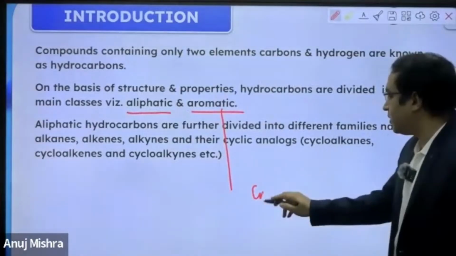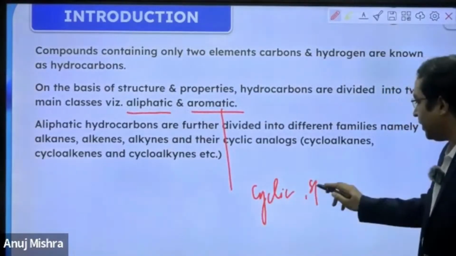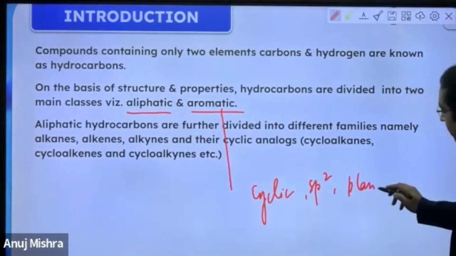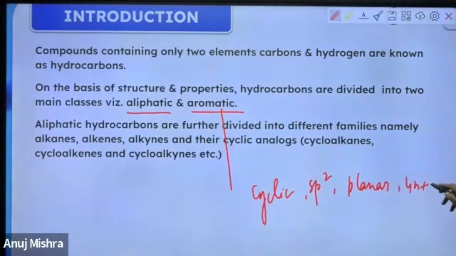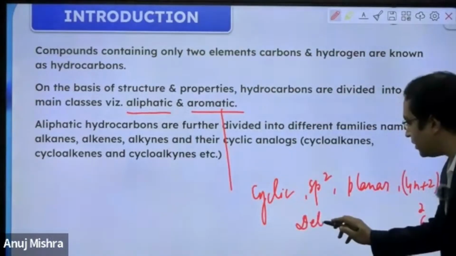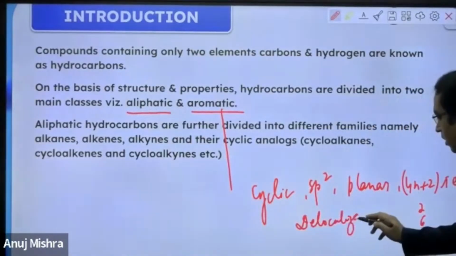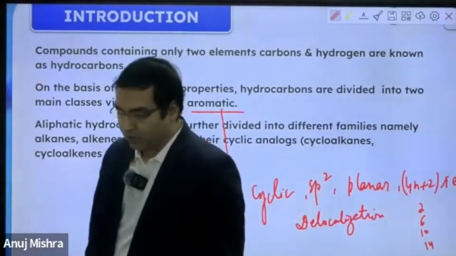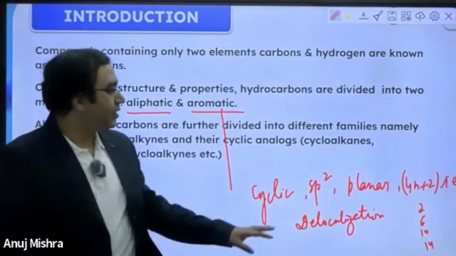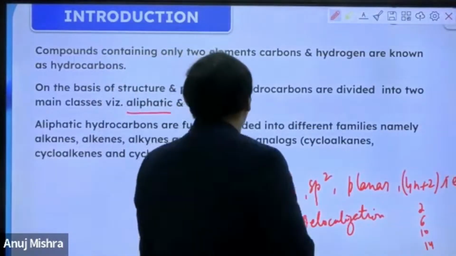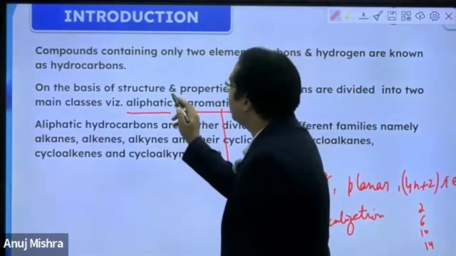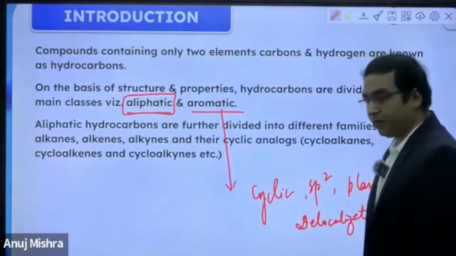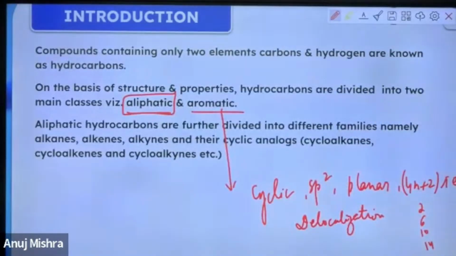Aromatic is something which is cyclic, sp2 hybridized, planar, with 4n plus 2 pi electrons moving, that comes out as 2, 6, 10, 14 electrons moving, and complete delocalization. This is how you draw the structure, isn't it? That's how you talk about aromatic compounds. And apart from aromatic, others are known as aliphatic compounds. So aliphatic hydrocarbon, aromatic hydrocarbon.